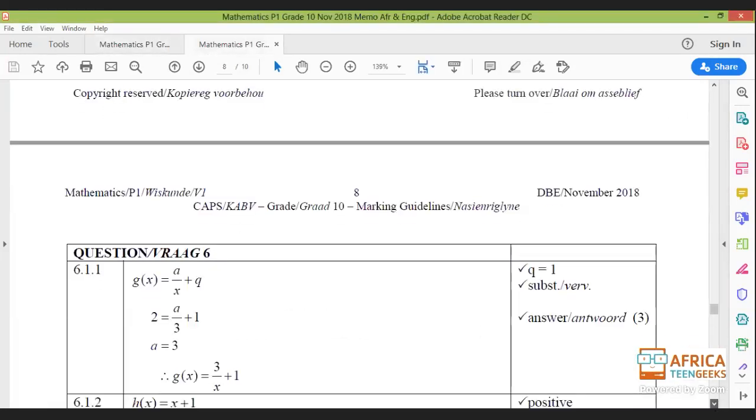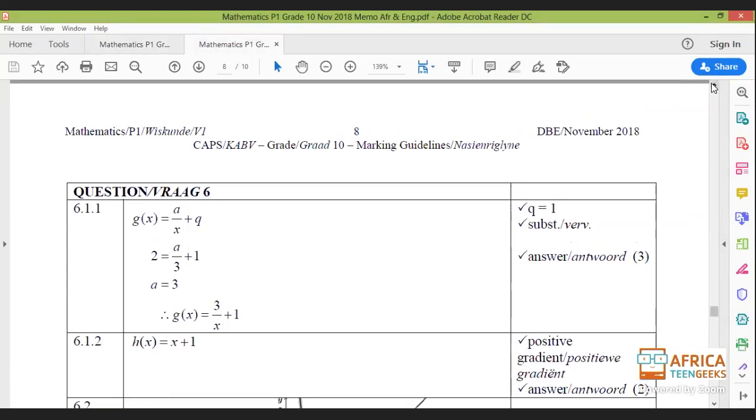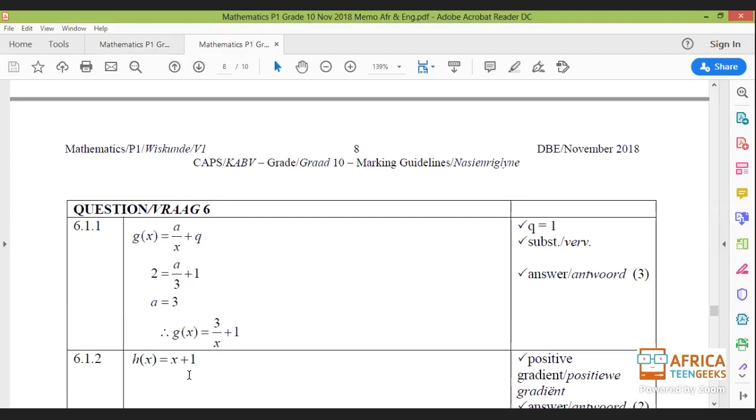So they are speaking about the symmetry. So h of x is equal to x plus 1. That's where it's going to have a positive gradient. Why, guys? Remember, your 1 was the range.